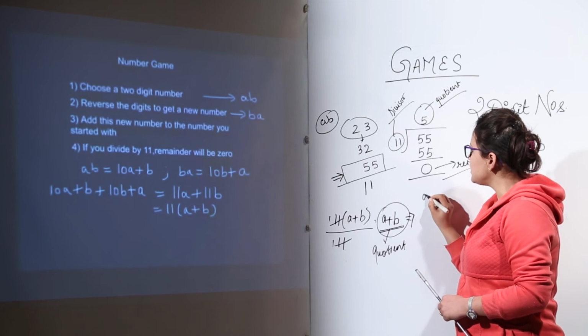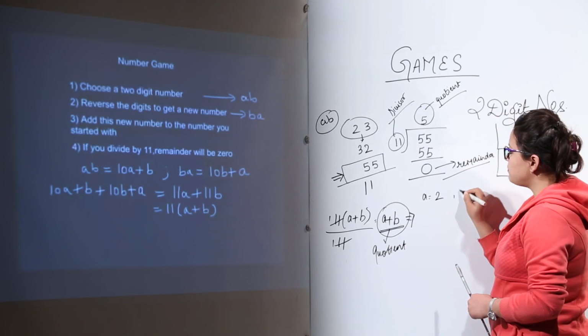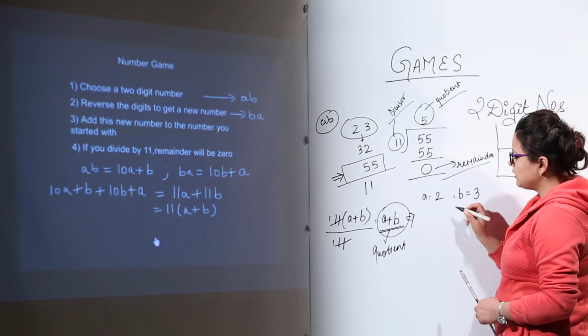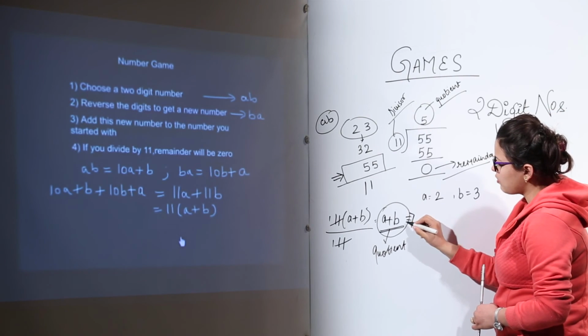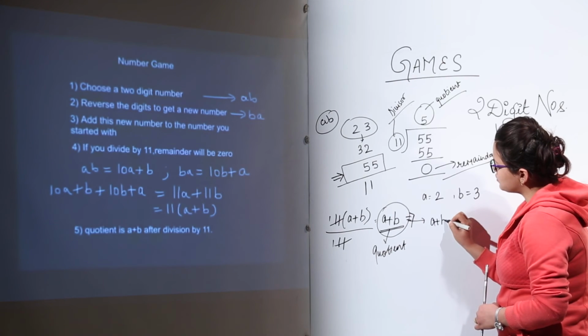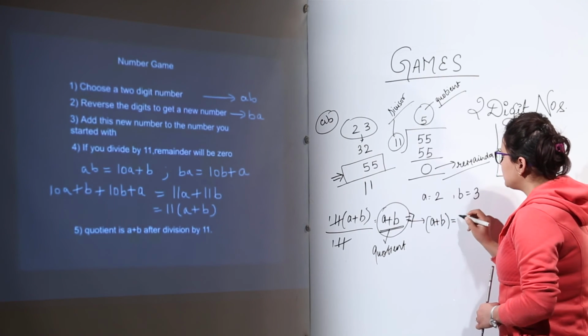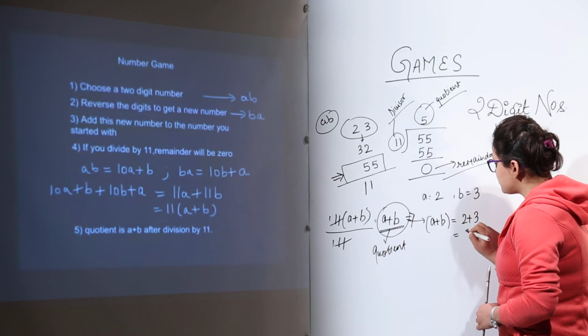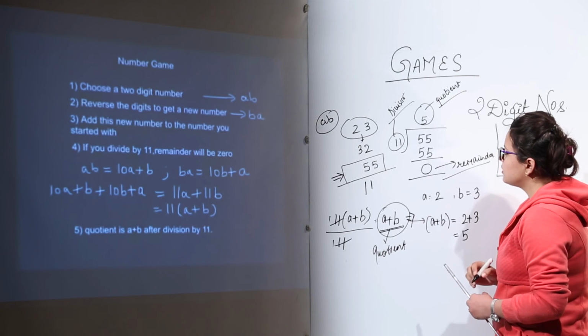Your A is equal to 2 and your B is coming out equal to 3, right? Now, can you please tell me the value of quotient according to this? It would be equal to A plus B, that is 2 plus 3, giving you the quotient as 5.